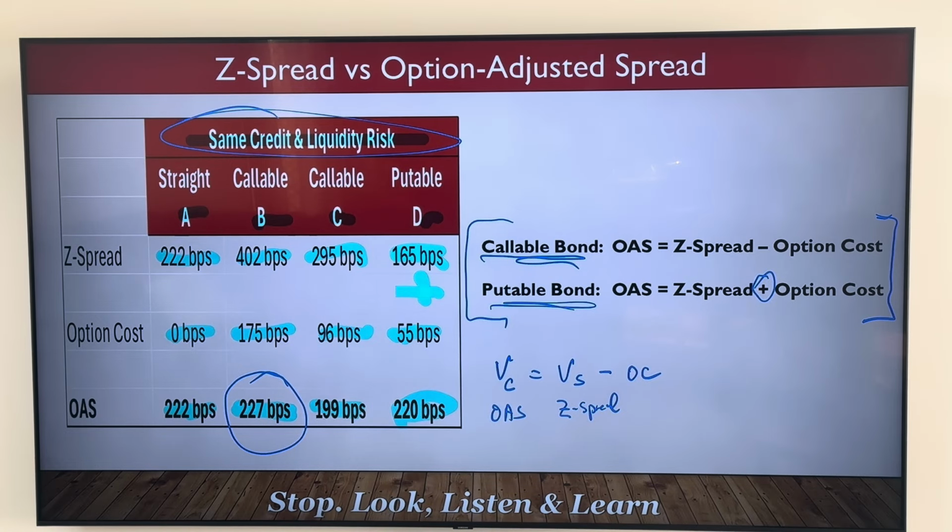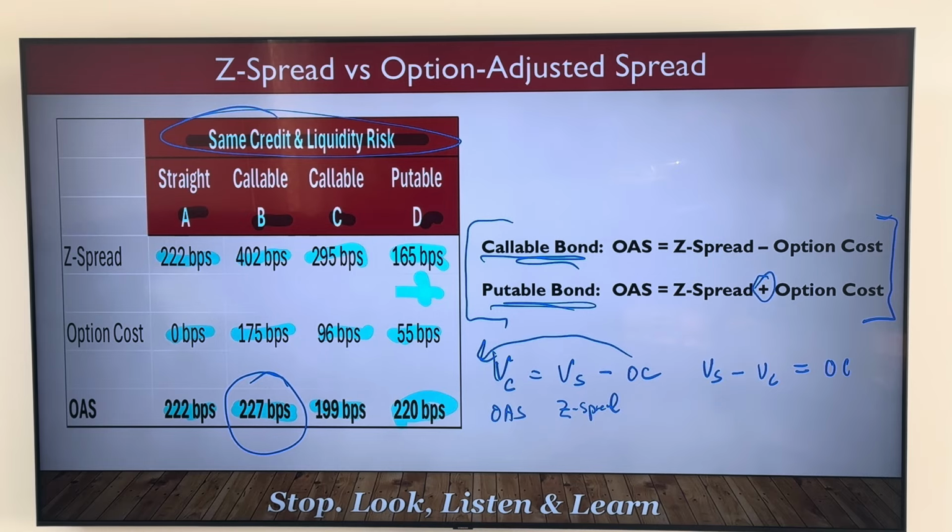Now, if you were to move the cost of the option over here, and the value of the callable bond over to the right side, you'd have the value of the straight bond minus the value of the callable bond equal to the option cost.